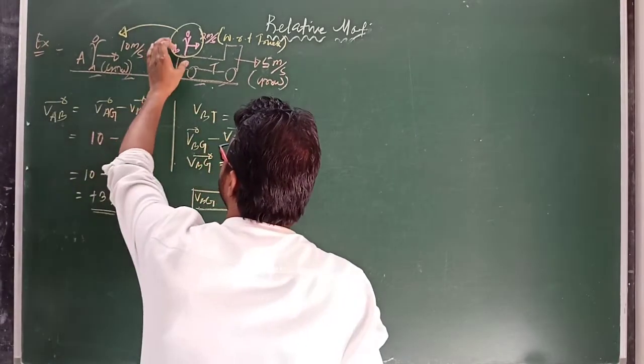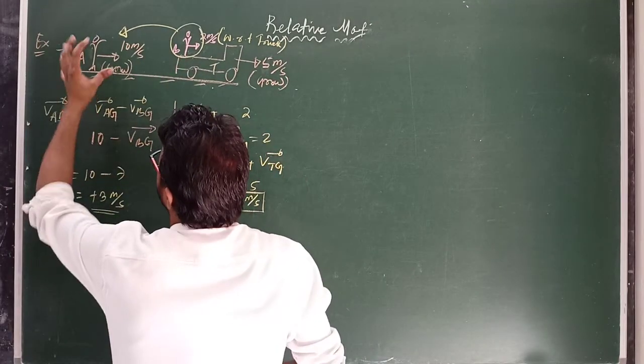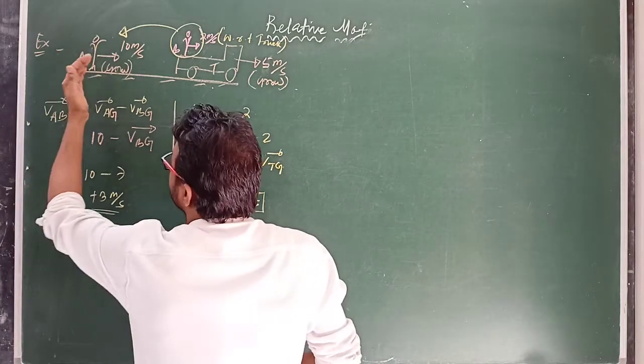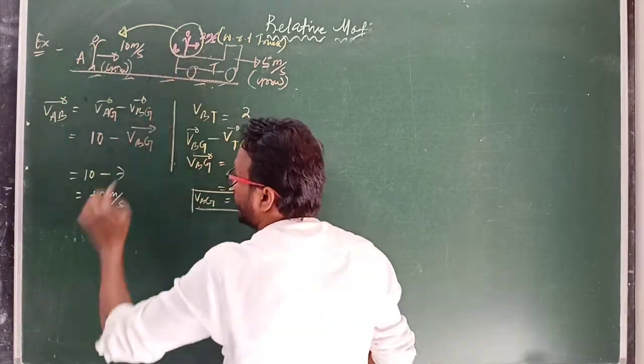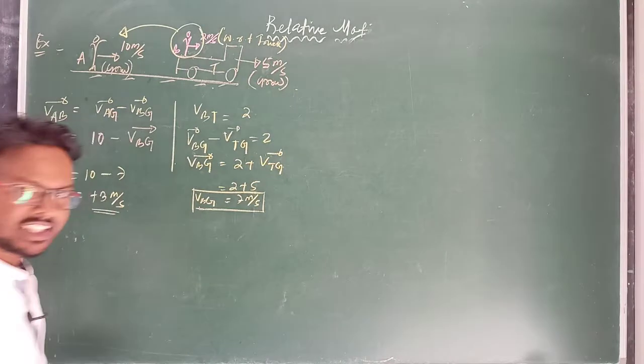That means observer B observed that the body A, or Mr. A, is moving towards the observer with a speed of 3 meter per second, clear?